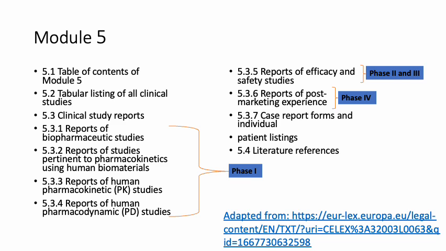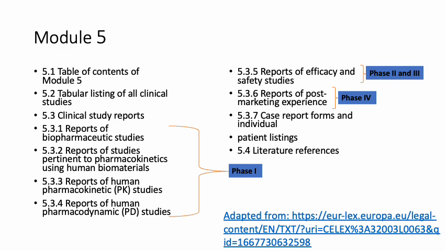All of the clinical trial results in Module 5 are presented in a systematic way, a bit like the structure of the marketing authorization itself, with a listing and key summary data of all the clinical trials, followed by the details of the trial organised according to the phase of the trial.